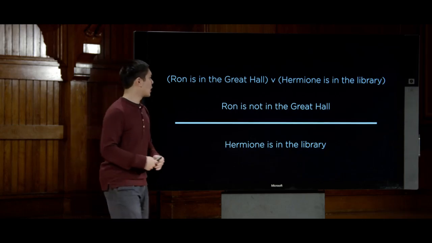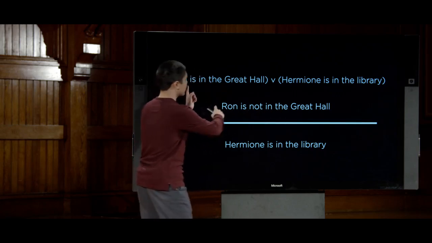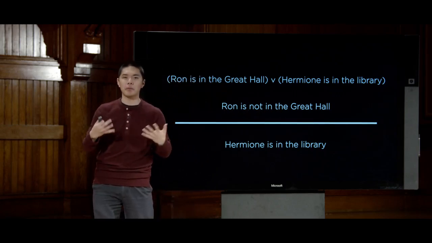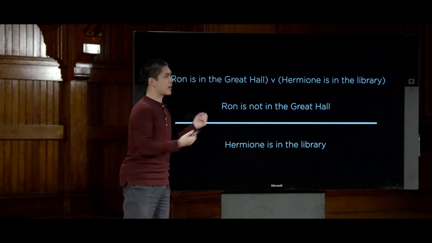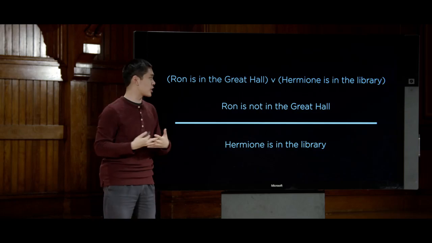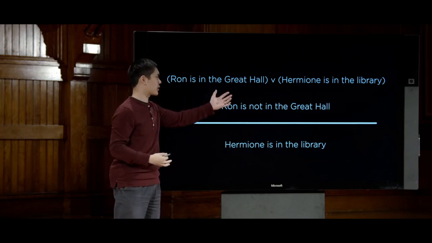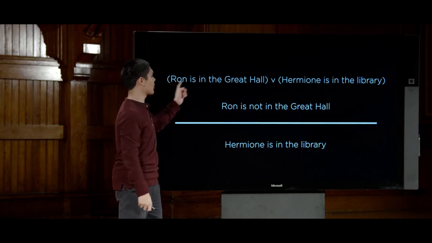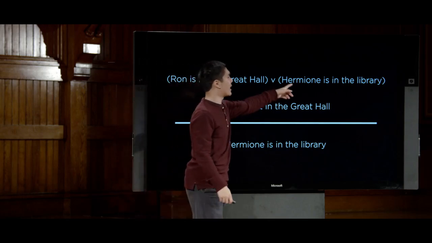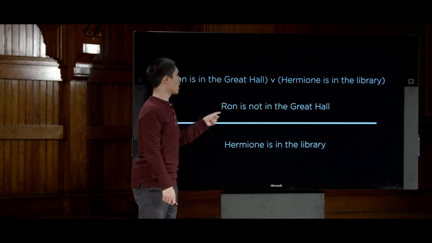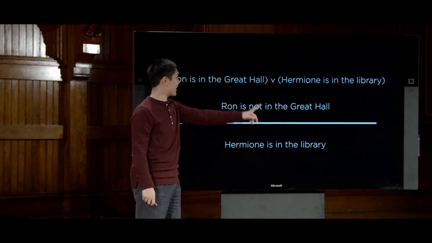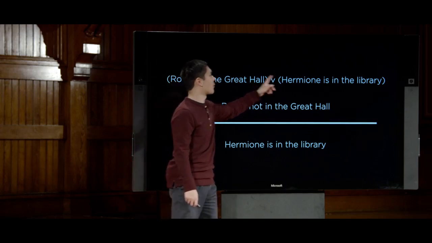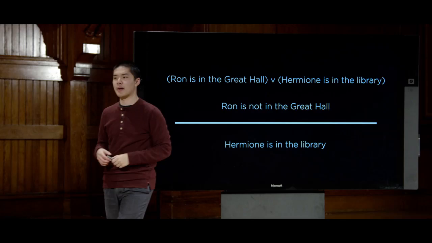How do I know that? Well, it's because these two statements, these two what we'll call complementary literals, literals that complement each other, they're opposites of each other, seem to conflict with each other. This sentence tells us that either Ron is in the Great Hall or Hermione is in the library. So if we know that Ron is not in the Great Hall, that conflicts with this one, which means Hermione must be in the library.